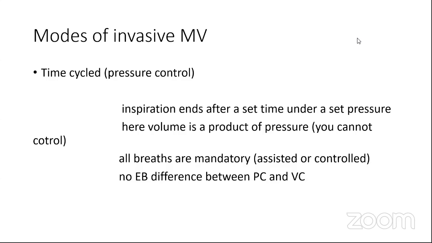It can be assisted or controlled, and both are mandatory. It is also a mode of assist control, which means the patient does not get to decide how he breathes. It's a mode for the patient to be maintained on, and it's not a weaning mode.